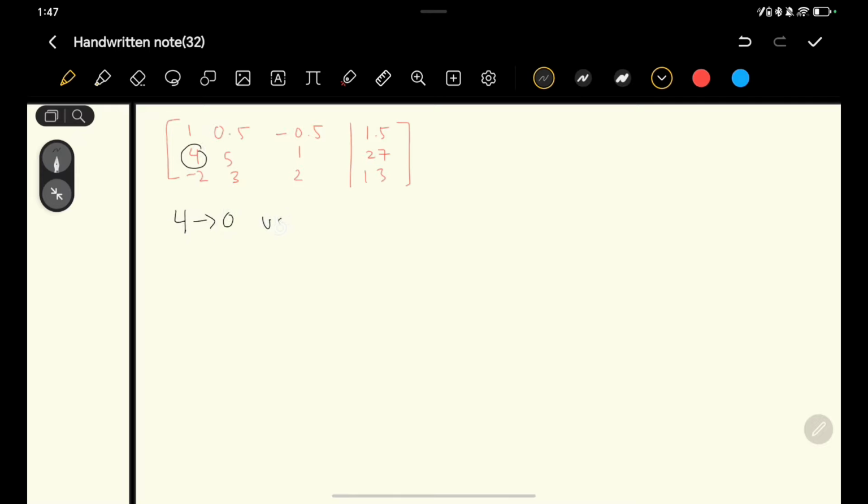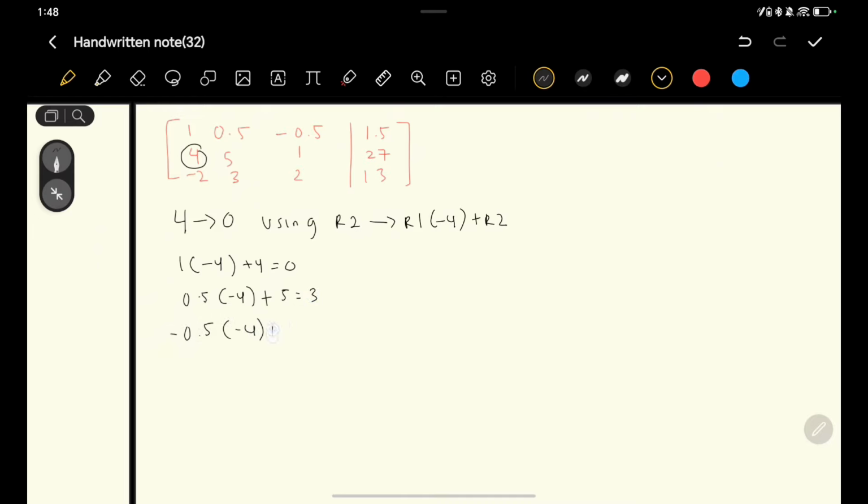Now change the second number, which is 4, into 0. Change it by using row 1 times by -4 plus R2. Why it's -4?